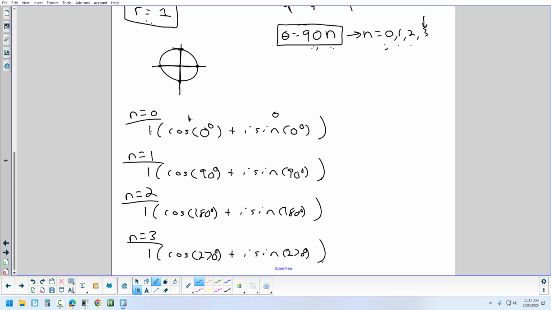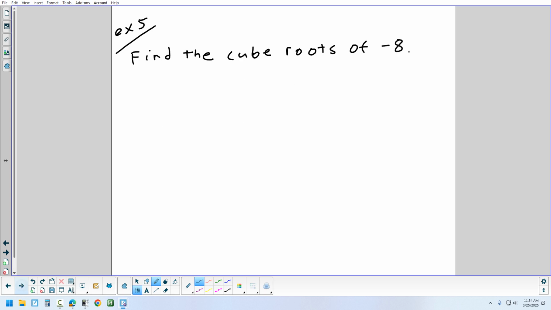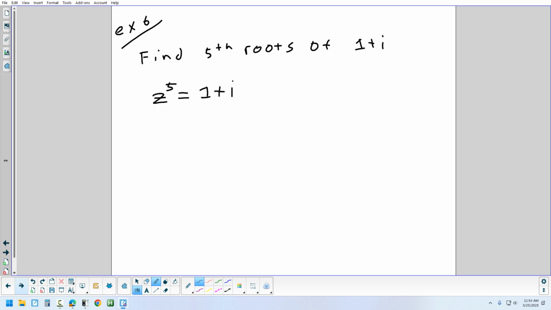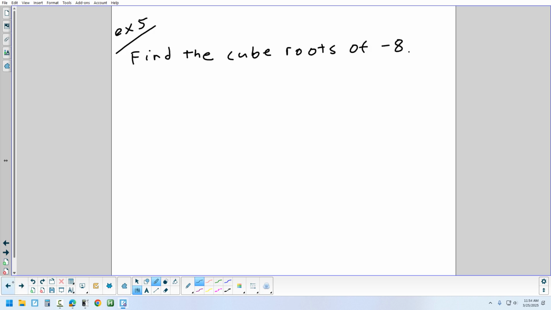Okay, let's try another one. Let's try the cube roots of -8. So this one only is going to have how many answers? 3. Just 3, not 4.